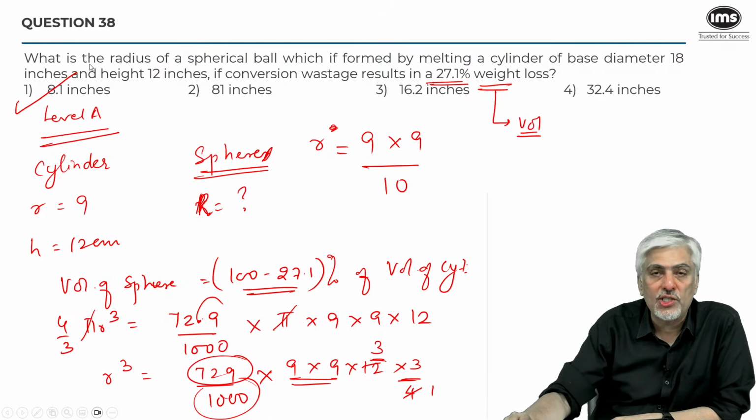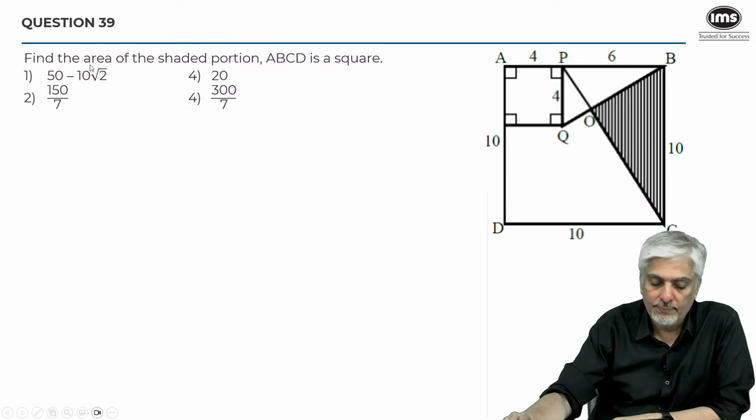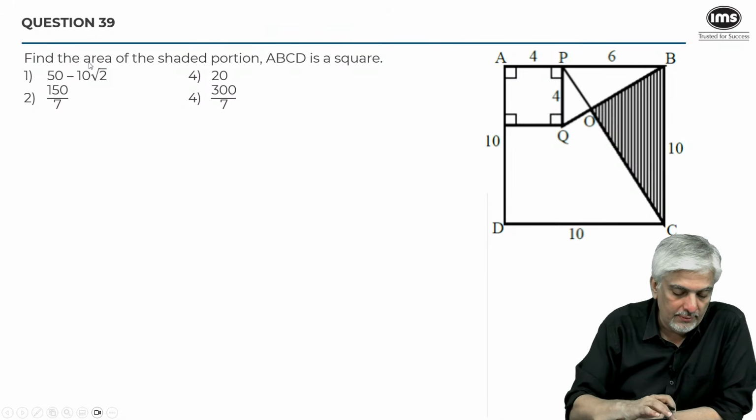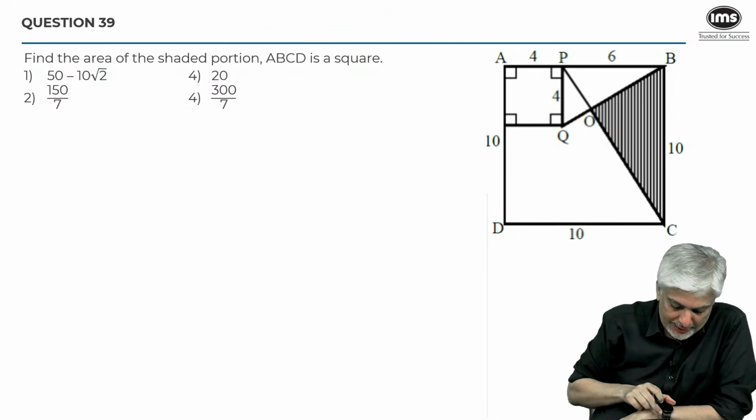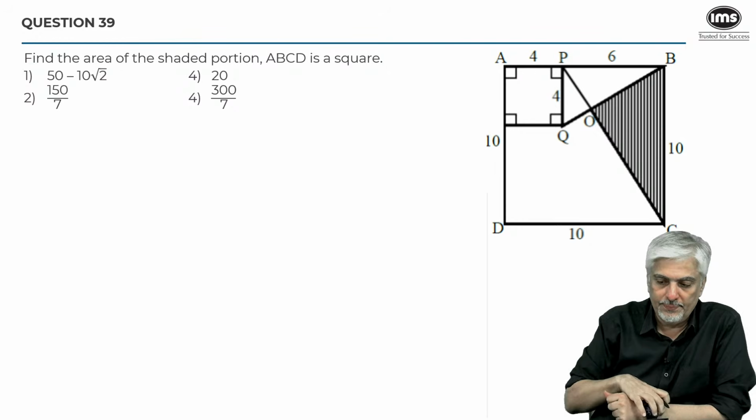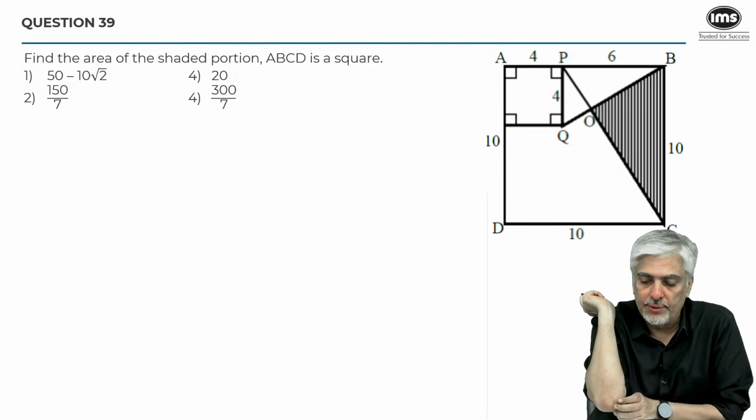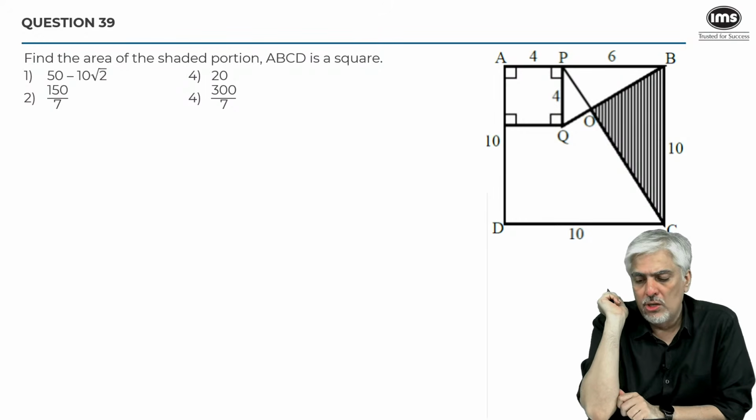Okay, last two questions, 39 and 40. Divya has already gone for dinner. We'll finish and we also can have quickly. Come on, next question. Not a very difficult question.